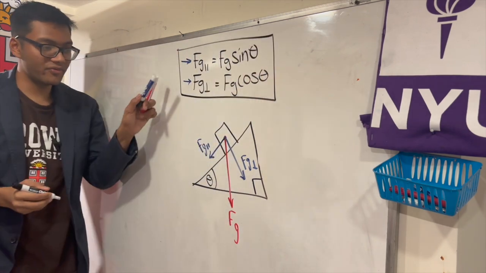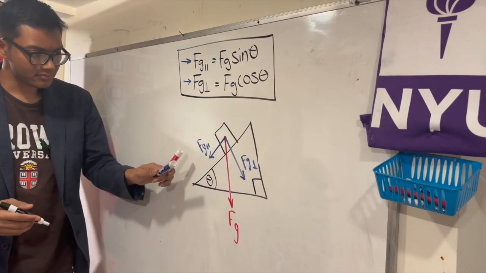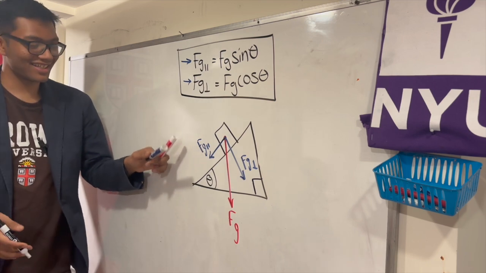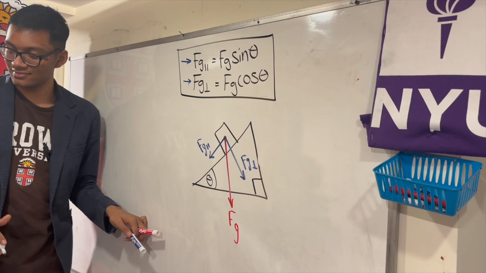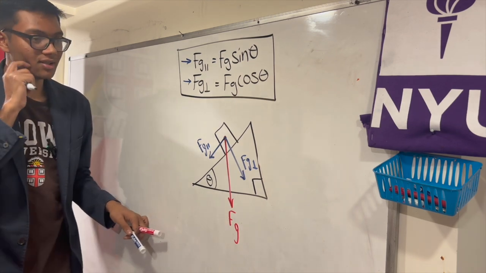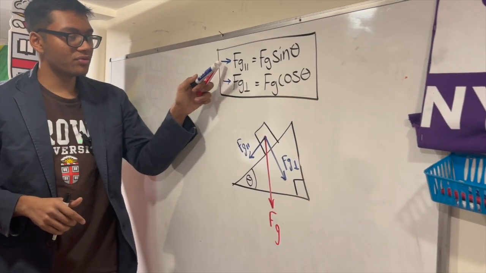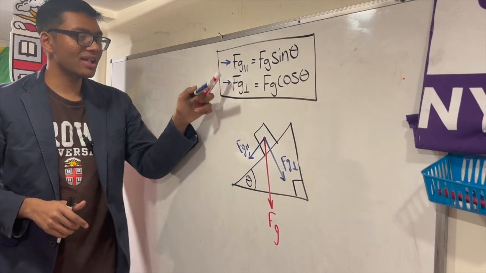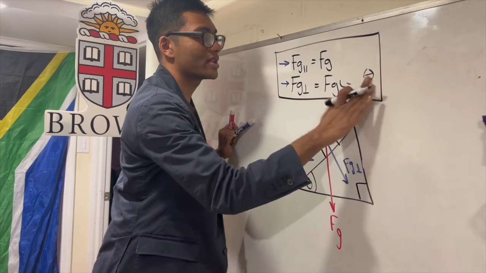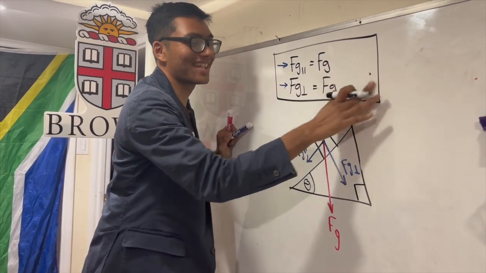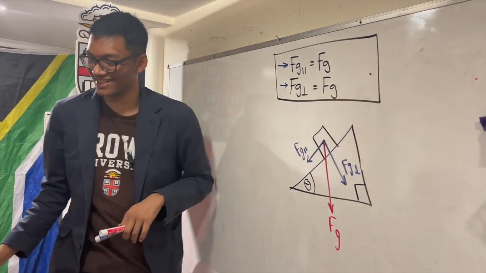Okay, so how do we prove this? We prove this by proving them. If you look at these two, it's very easy to forget which one is sine theta and which one is cosine theta.